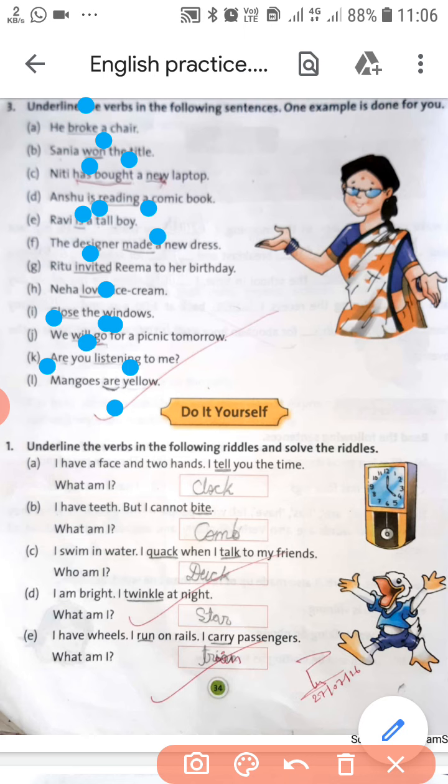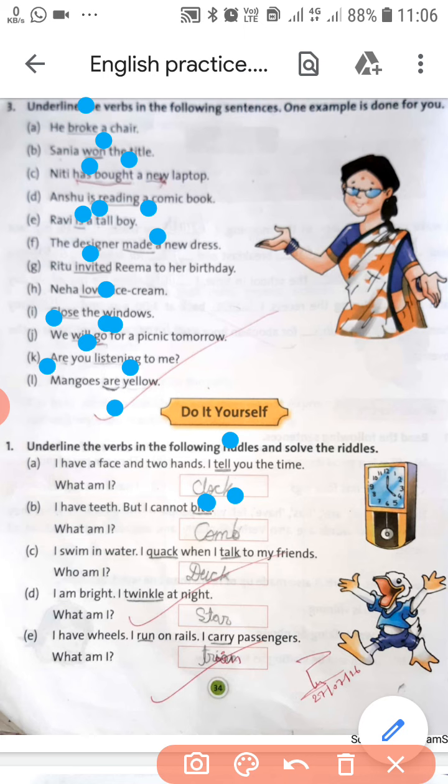Again in the next worksheet, underline the verbs in the following riddles and solve the riddles. I have a face and 2 hands. I tell you the time. What am I? Underline tell, and the answer of the riddle will be clock. I have teeth but I cannot bite. So the verb will be bite and the answer will be comb.